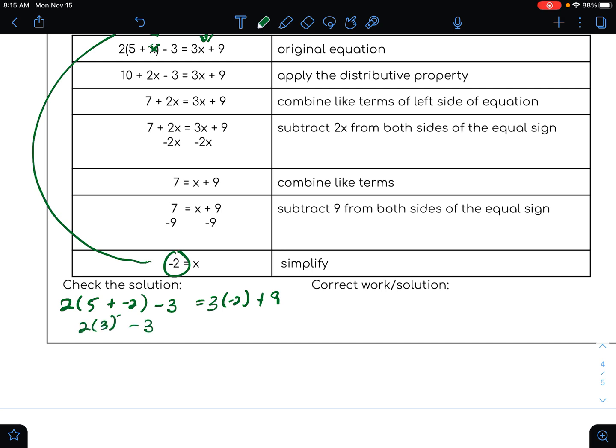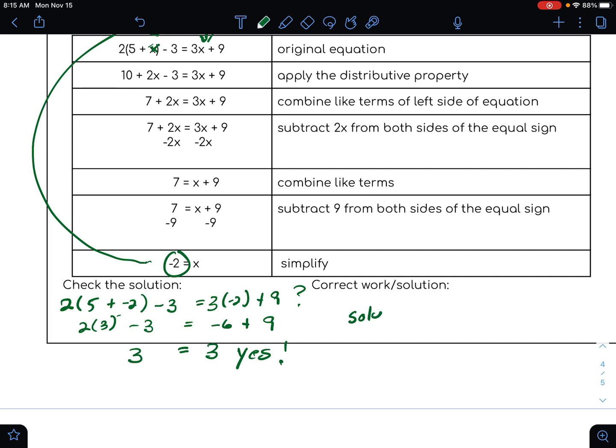So this would be 2 times 3 minus 3, and 3 times negative 2 is negative 6 plus 9. 2 times 3 is 6, 6 minus 3 is 3, and negative 6 plus 9 is 3. This time, yes, this is actually correct.